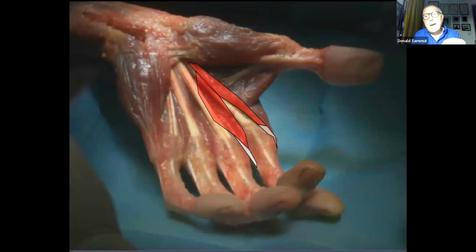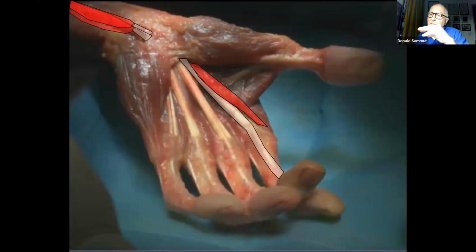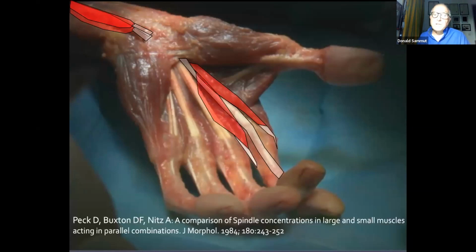So this would be a parallel combination, and possibly even with a long flexor. In other words, because it's influenced by the action of the flexor, it sends back relay information that is going to modulate the function of both the interossei and the long flexor.